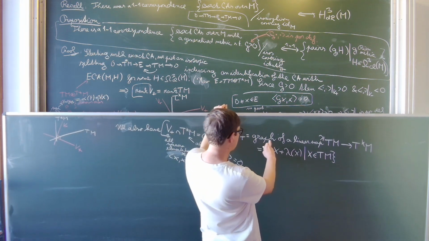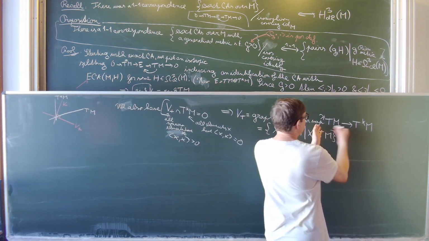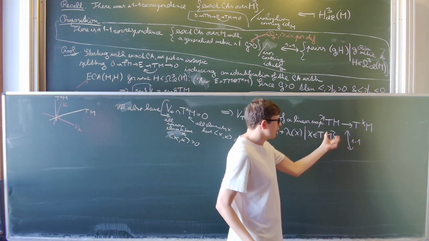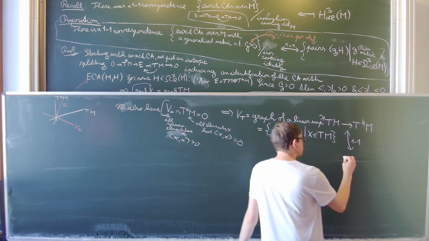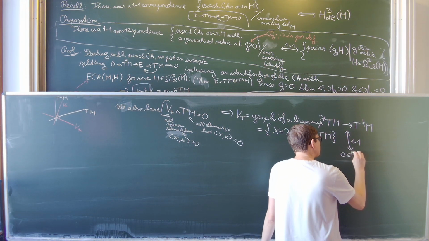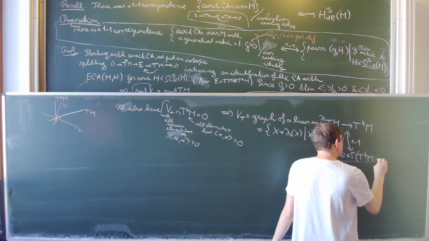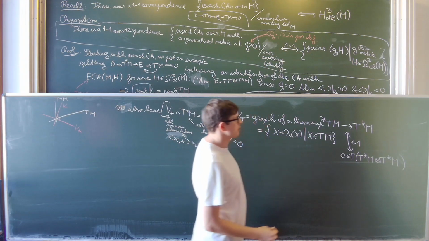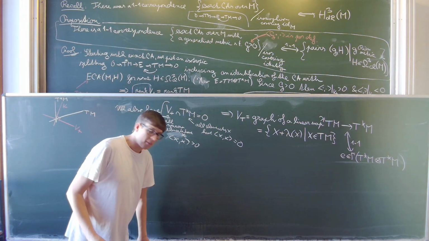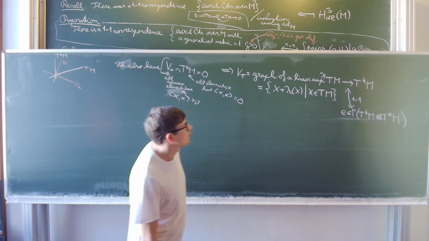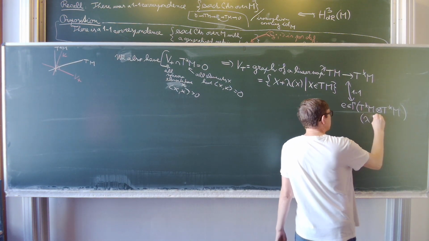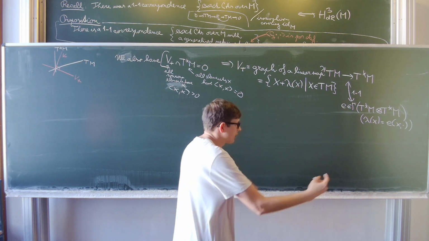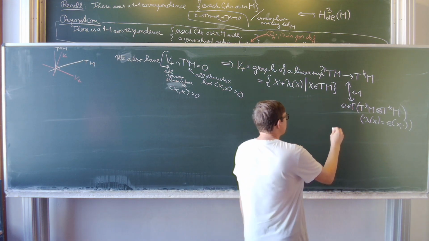But now, what does it mean to have a linear map? Such linear maps are one-to-one with saying that instead of talking about the map from here to here, I can put both of them on the same side, and this is the same as having an element E, which is a covariant 2-tensor, a section of T star M tensor T star M. Then lambda x is simply E where I insert x in the first slot.